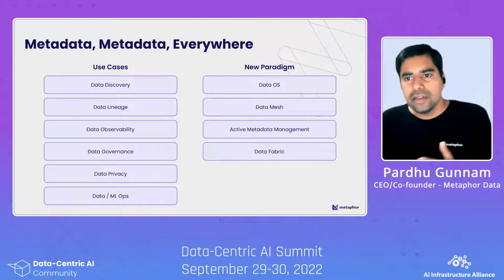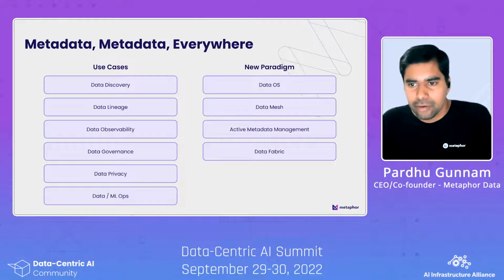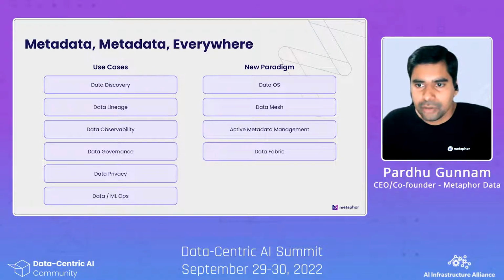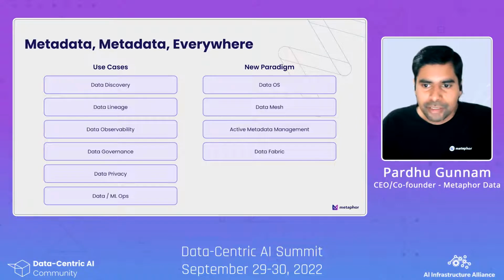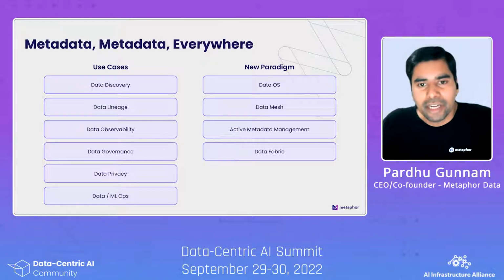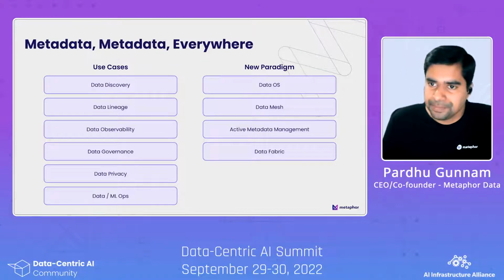But we have also seen new paradigms. Just to lay it out there, I'm not going to go in depth on each one of these, but you have come across data mesh or active metadata management, really taking it one notch higher to say that you should think about your data management through metadata, and think of organizing and governing it entirely through metadata.